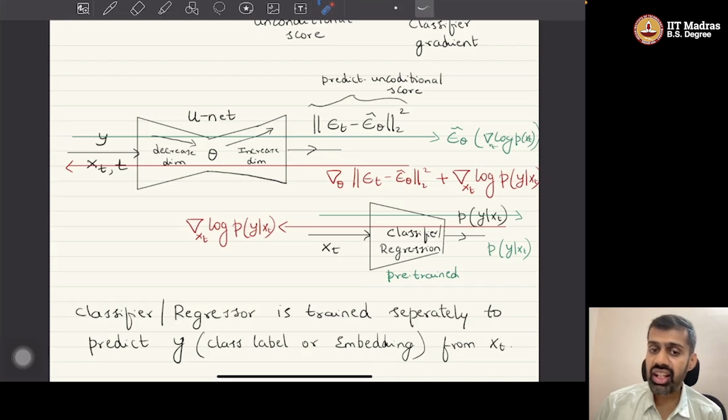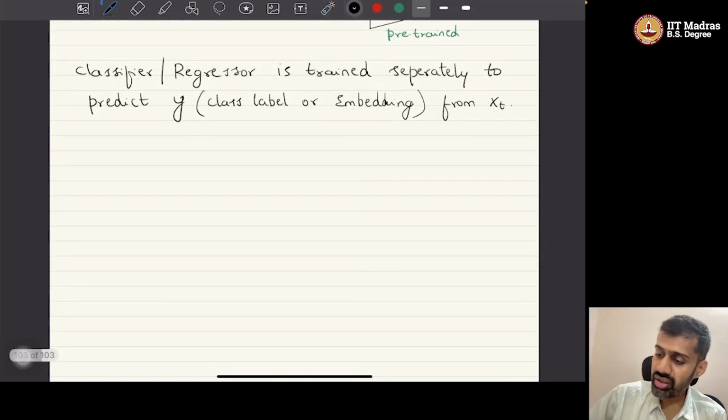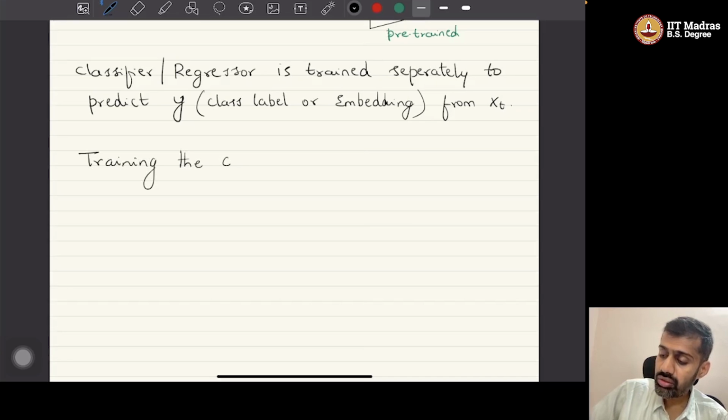Now it's a very difficult task to do, because the more the noise that is added to x0, the more difficult it is for this classifier to predict the underlying class. So in the above procedure, training the classifier at different noise levels is difficult.